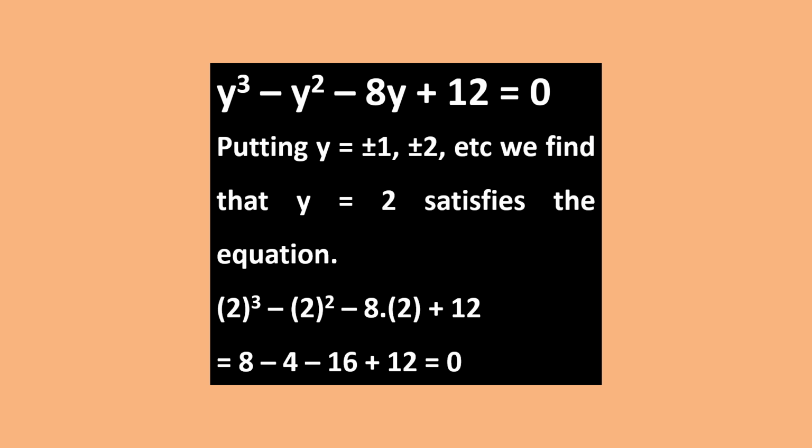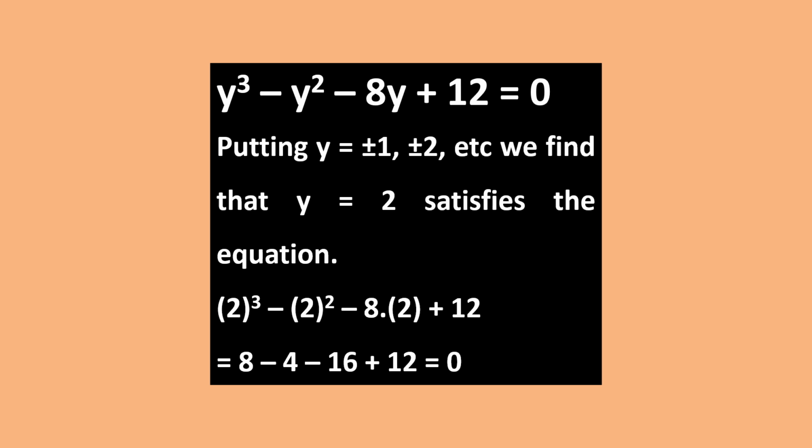So what we do is we put the values y equal to plus 1, y equal to minus 1, y equal to plus 2, y equal to minus 2, y equal to plus 3, y equal to minus 3. By a process of trial and error, we find that y equal to 2 satisfies the equation. When we put y equal to 2, we get the expression as 0.